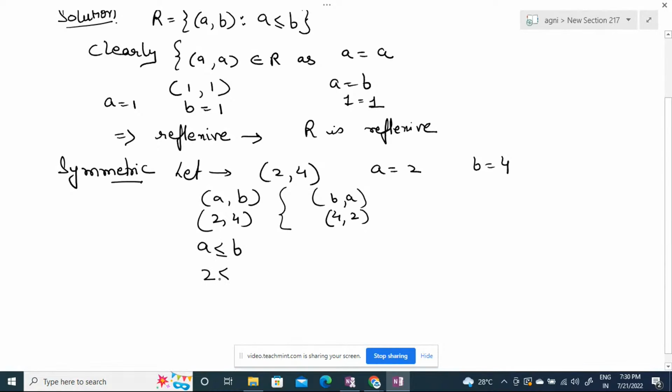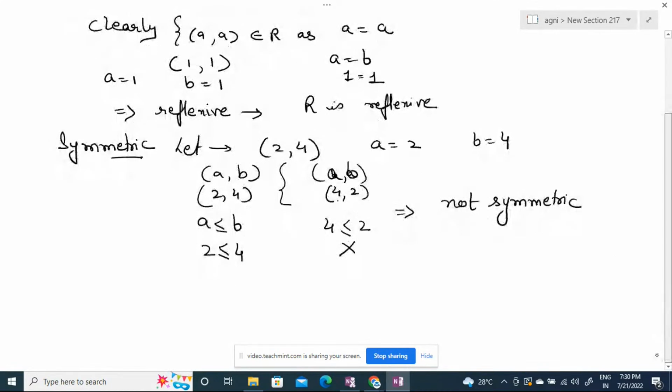This satisfies the condition that 2 is less than 4. But for (4, 2), it becomes 4 is less than equal to 2, which is not possible. That means 4 is never less than 2. So this relationship is not symmetric. Simply we write R is not symmetric.